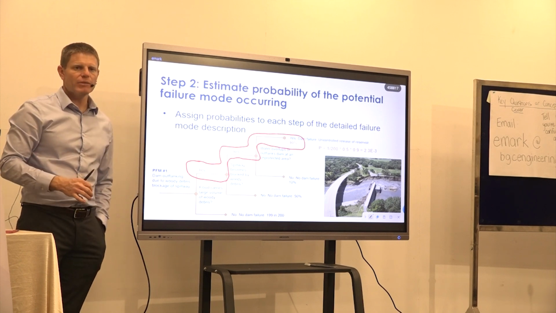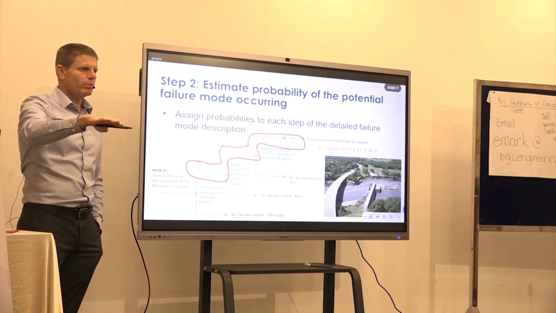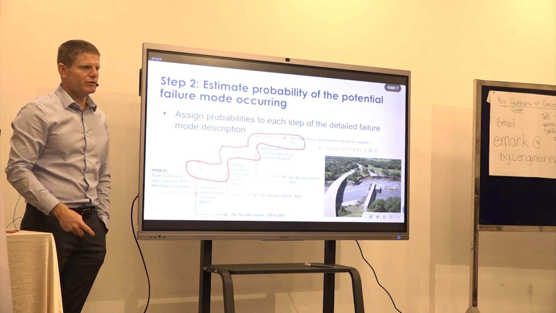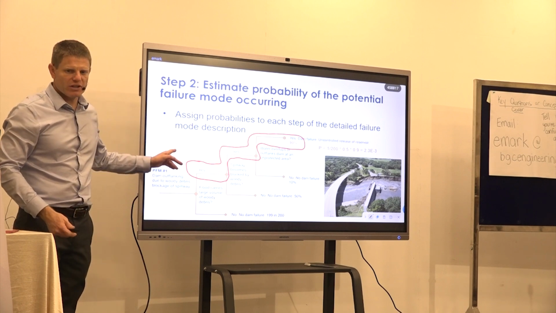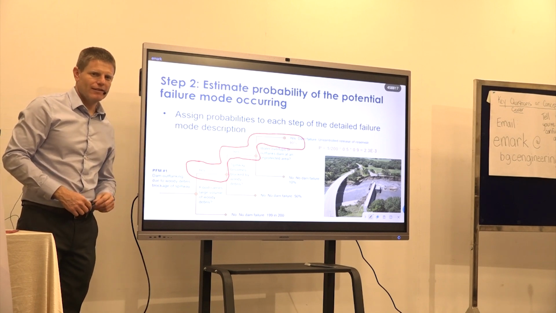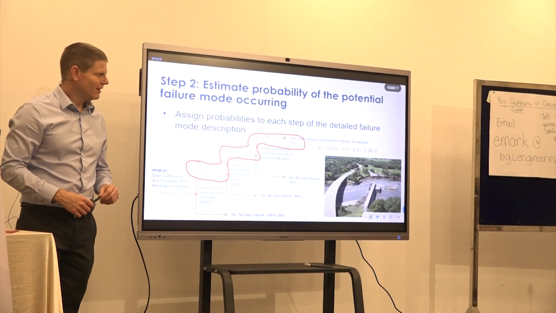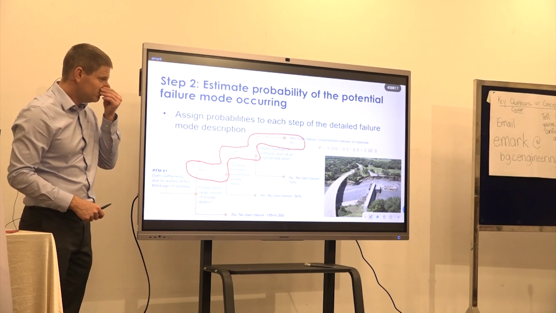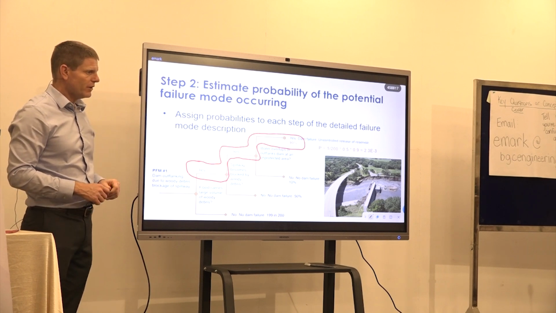So can somebody tell me, or maybe talk to your group, calculate for me the probability of failure using this event tree. Can you do that? I'll give you 1 minute. What would be the probability of failure?